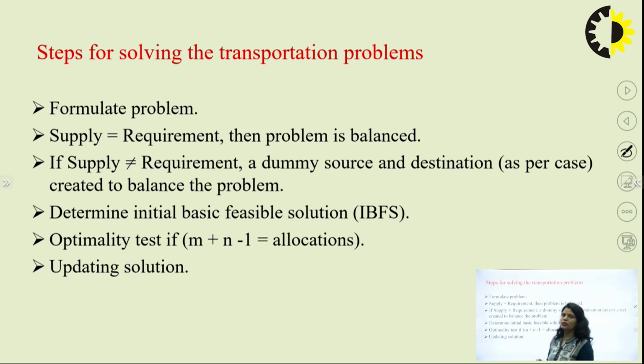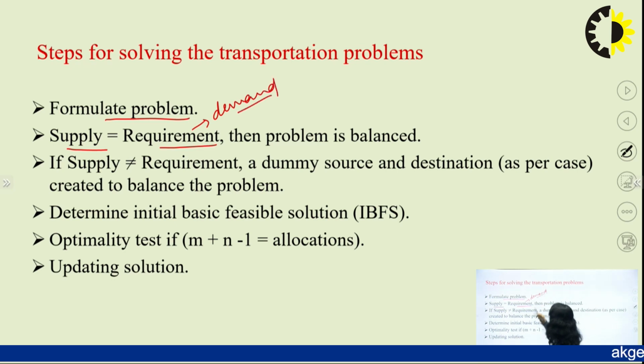There are some steps associated with transportation problems. First of all, we have to formulate our problem, meaning we convert the descriptive statements into the form of a matrix. Then we check whether the demand is equal to the supply or not. If the supply and the requirements, or demands, are equal, it means our problem is balanced and we can find the solution.